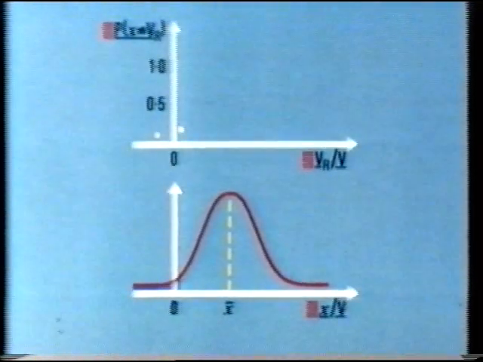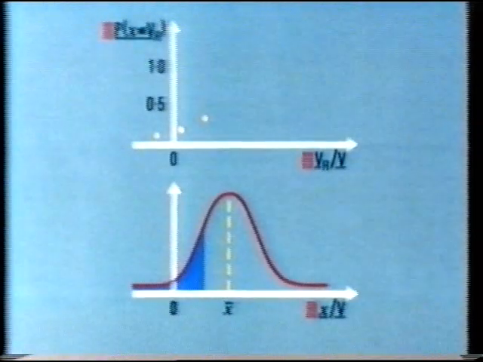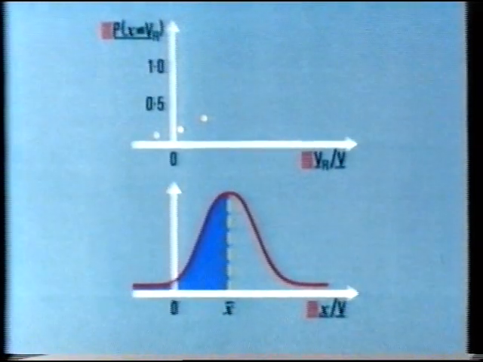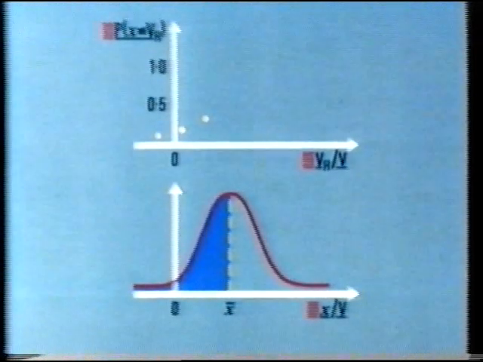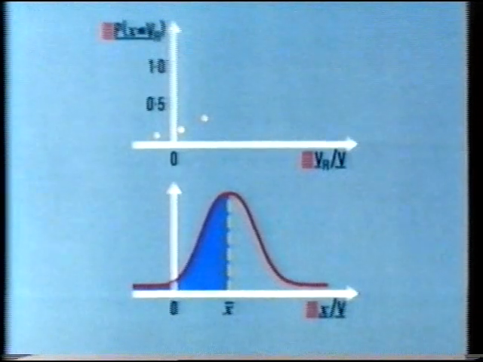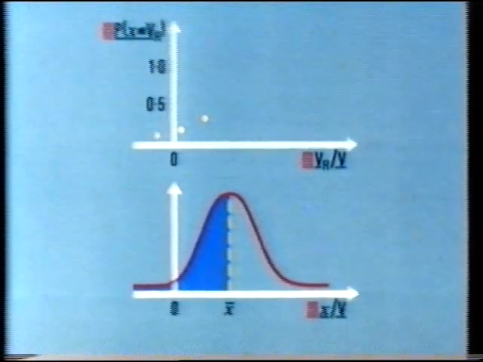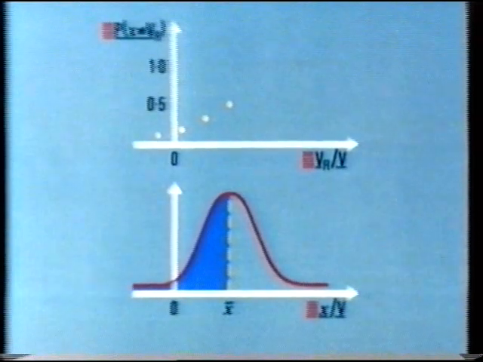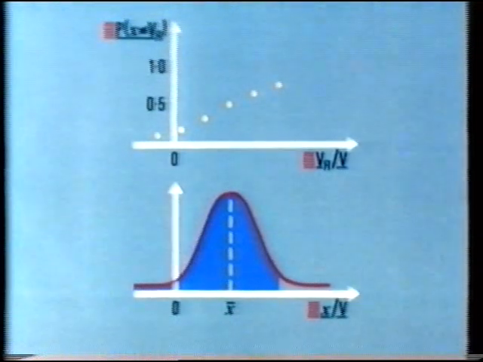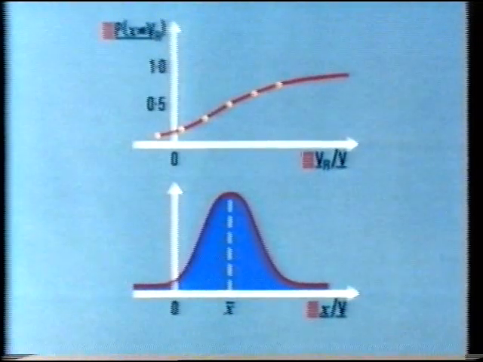As VR gets larger, so the area to the left of it gets larger, and so P, the cumulative probability, gets larger. When VR reaches the mean value, half the bottom curve lies to the left of VR, so P equals 0.5. As VR moves on to higher values, so P becomes increasingly closer to 1.